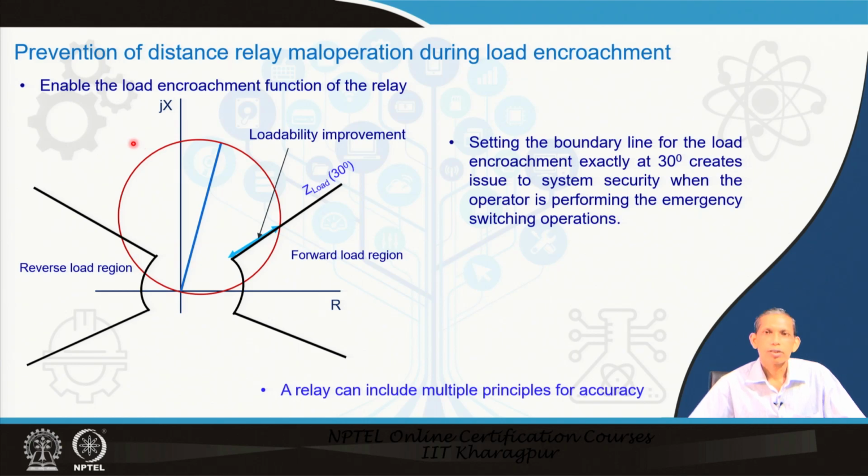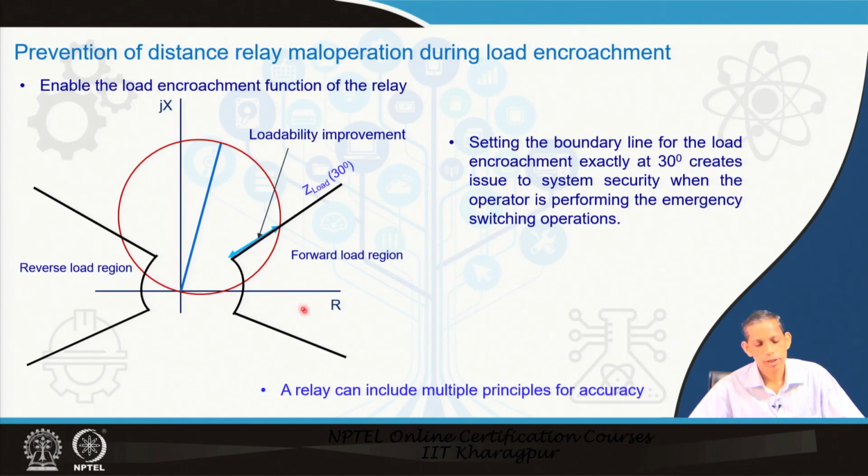The other option is enabling the load encroachment function. We have a special characteristic from the load perspective. Typically we can set these two lines at 30 degrees, in both the forward and reverse regions, where we consider the load. Therefore, in the mho characteristic also, this portion will not be allowed to consider a trip, which gives us an advantage in loadability.